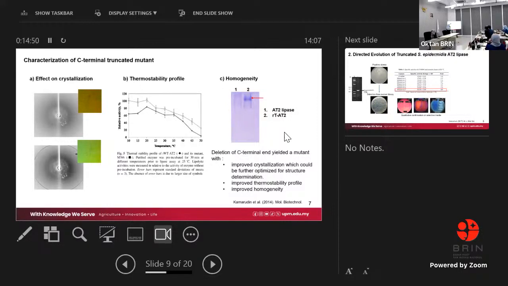So in conclusion, for the first study, deletion of the C-terminal end yielded a mutant with improved crystallization, but of course further optimization is required for structure determination. We also improved the thermostability profile, and the mutant has improved homogeneity.